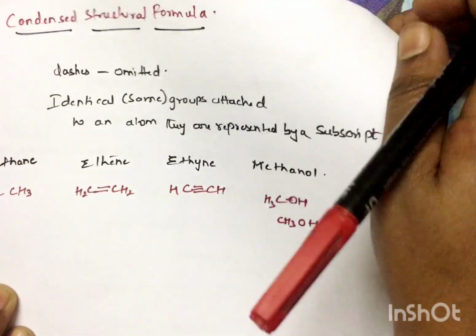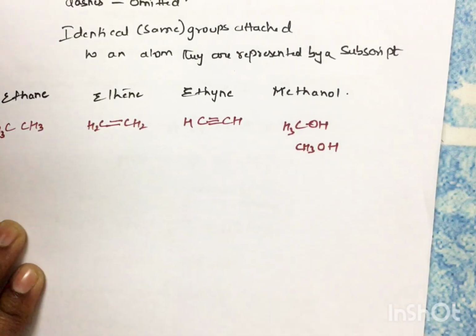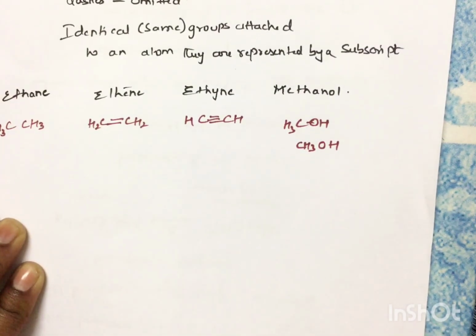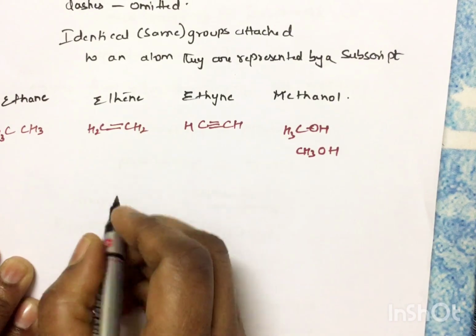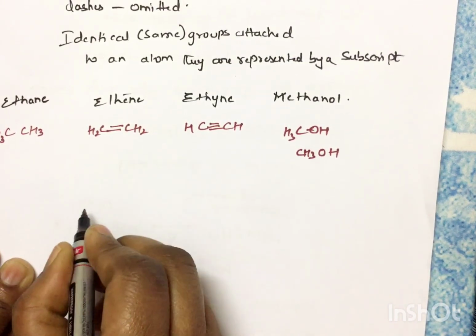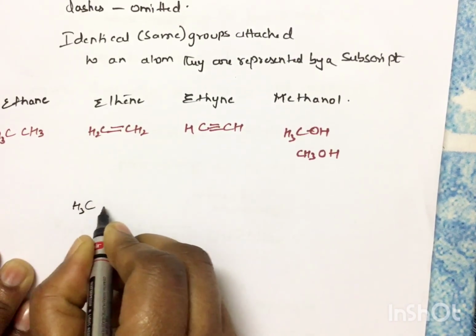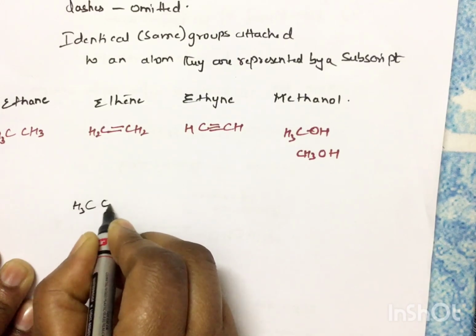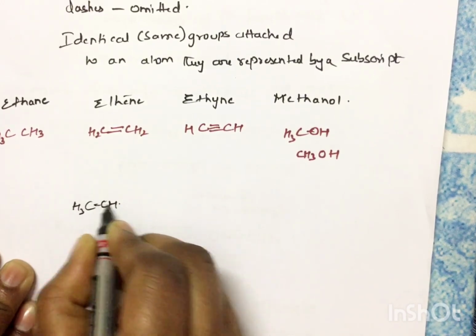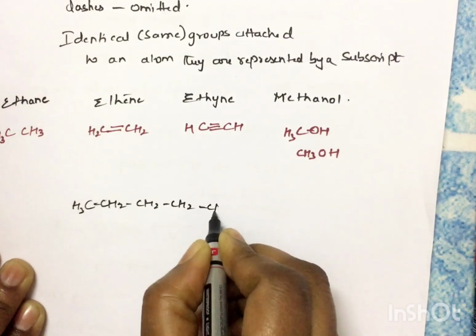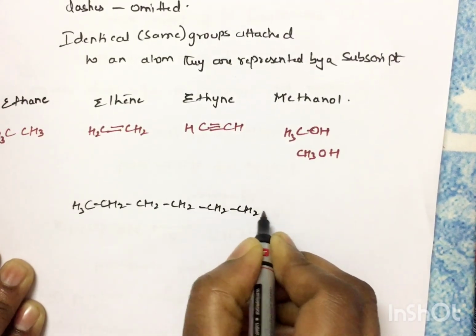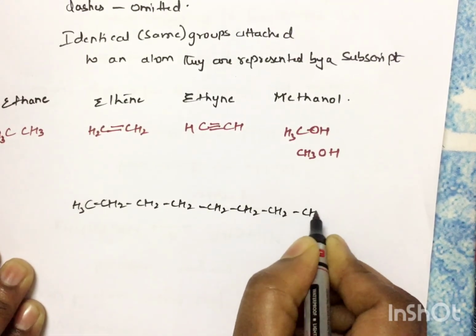Let's see one more example of representing condensed structural formula. Here there is a compound where we have CH3, CH2, CH2, CH2, CH2 and a CH3.